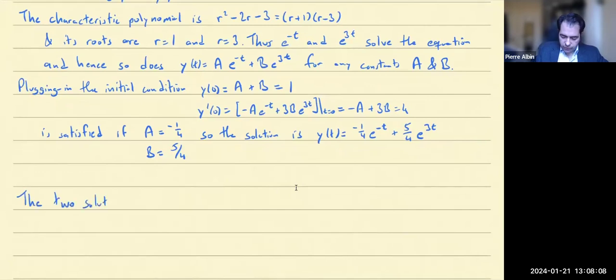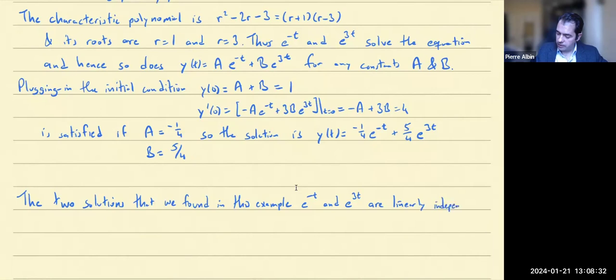The two solutions that we found in this example, right, namely e to the minus t and e to the 3t, form a linearly independent set.